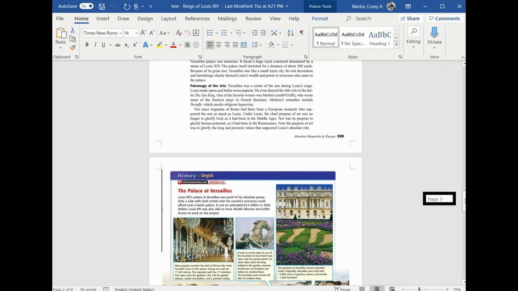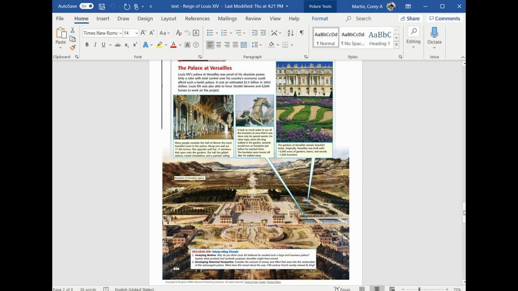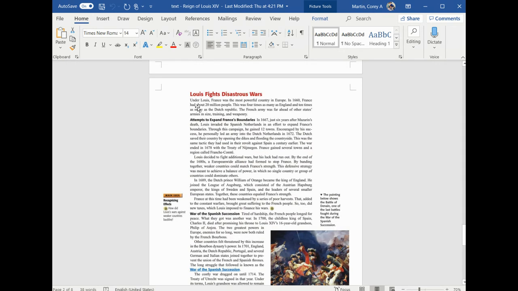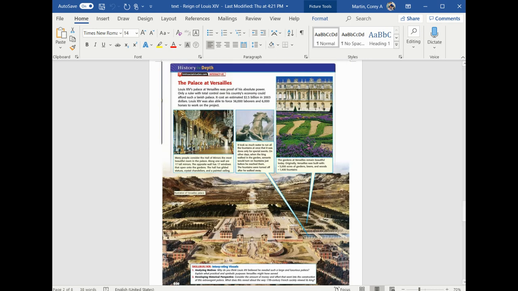And I'm not going to pause and spend a lot of time with this palace at Versailles. This is really just me reading the actual text itself. I will read the title of the different sections and pause, and I'll also read these sort of subtitles here as well. So pay attention to what the main title is and what some of the subtitles are as well.